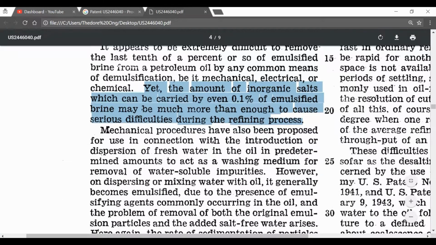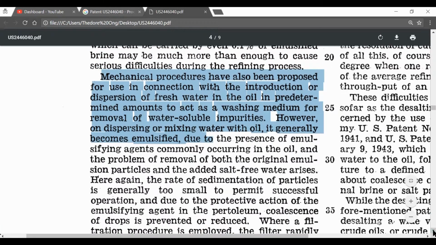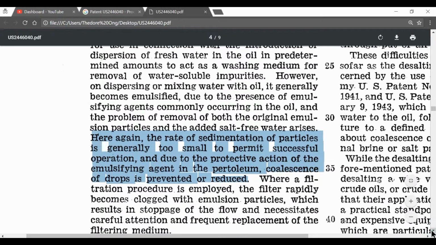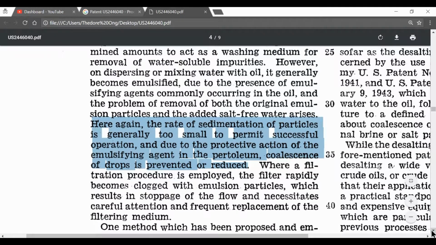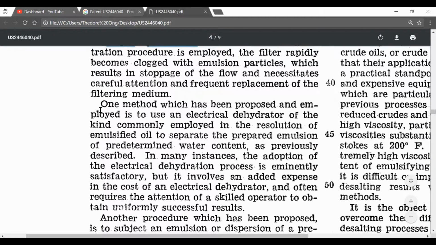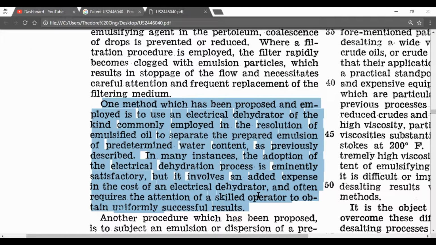Alright, so this guy goes on talking about mechanical procedures, and then it says why these mechanical procedures fail. You can see it highlighted in blue. The other method talked about is the electrical dehydrator, which was talked about in the earlier videos.